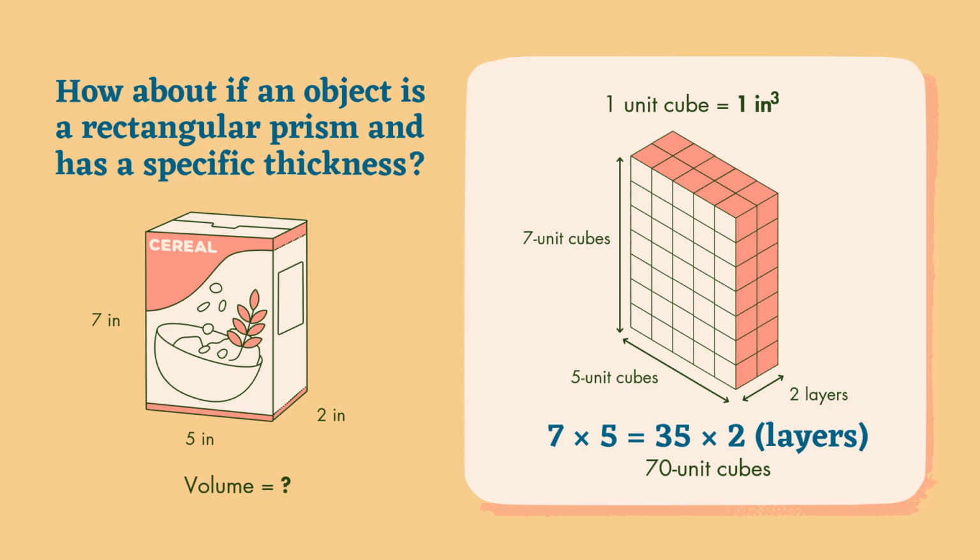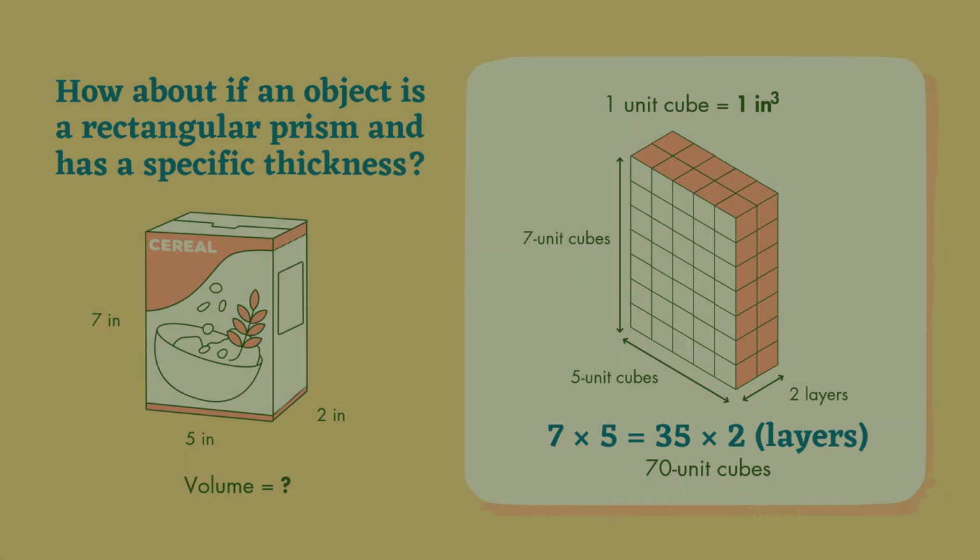Therefore, the volume of this cereal box is equal to 70 cubic inches, or 70 cubic inches.